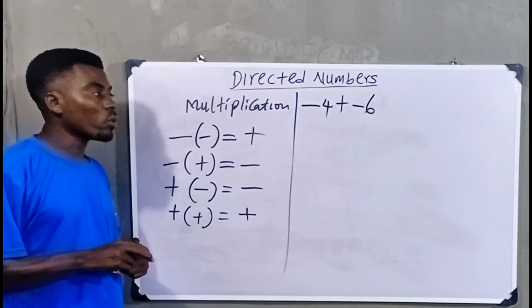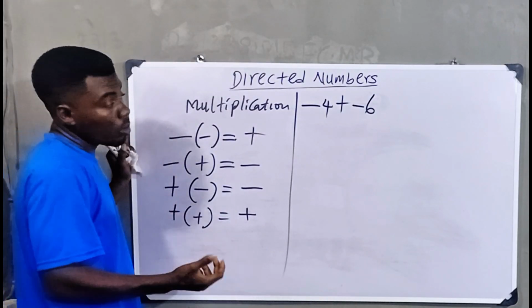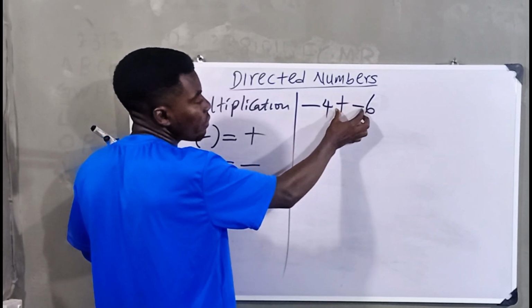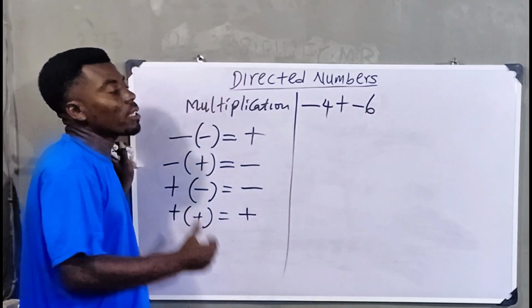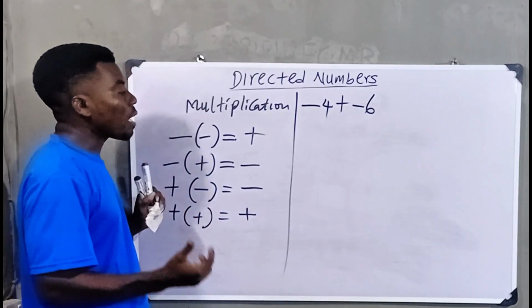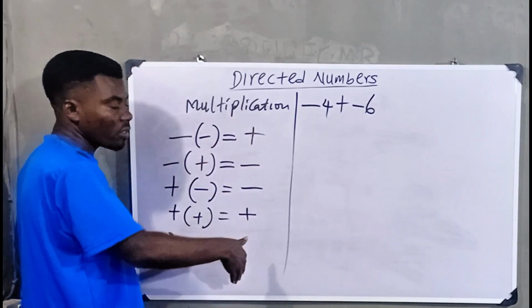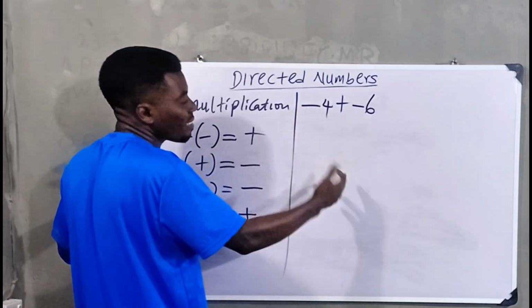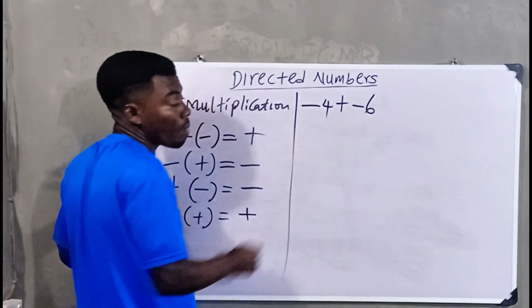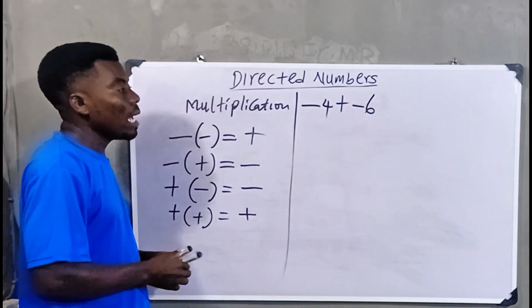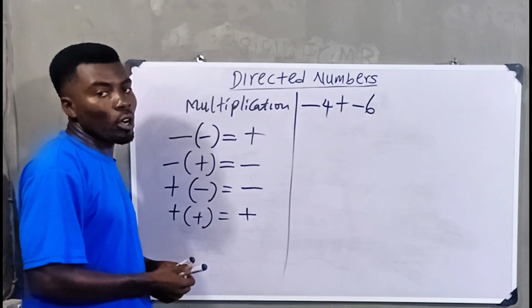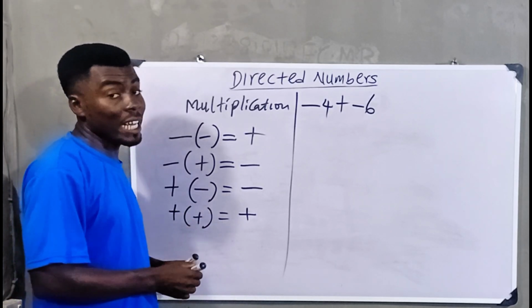What happens is that when you have two signs, positive and negative, sitting side by side, the principle that governs it are these rules that are stated here. So let's assume that a plus and minus are fighting, and each time they engage in a fight, only one person comes out victorious, and that is the negative.